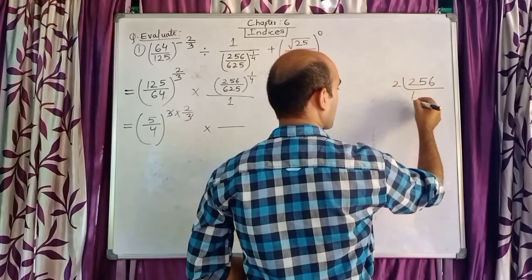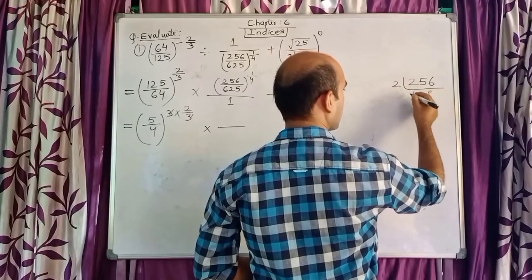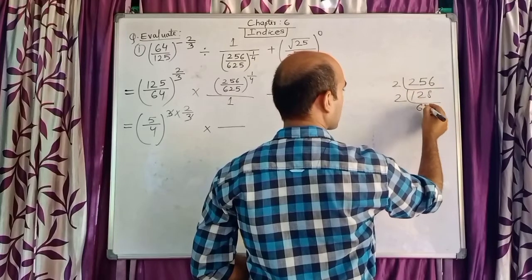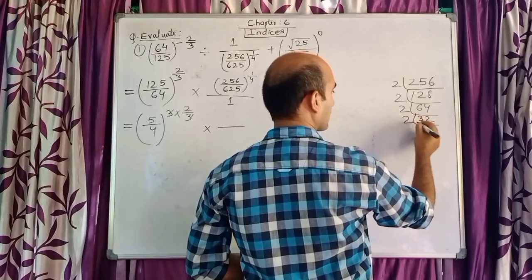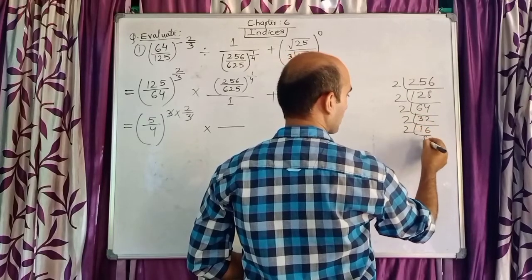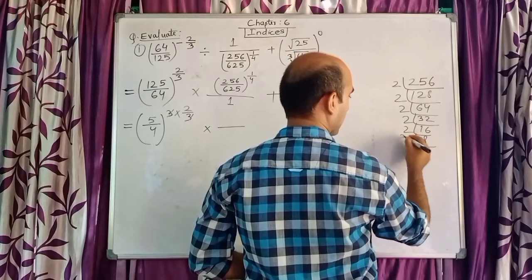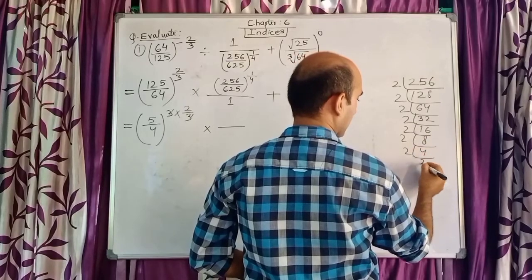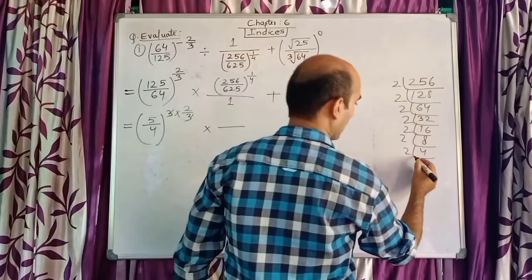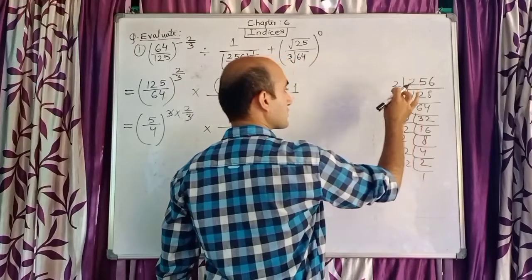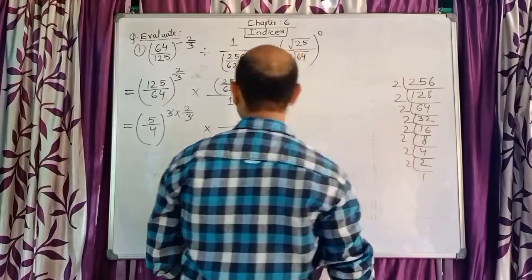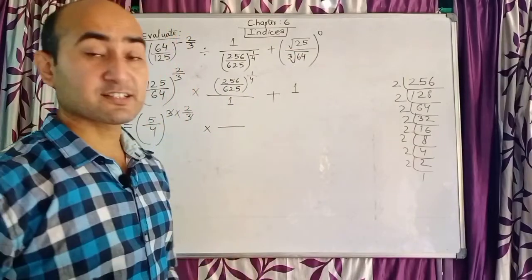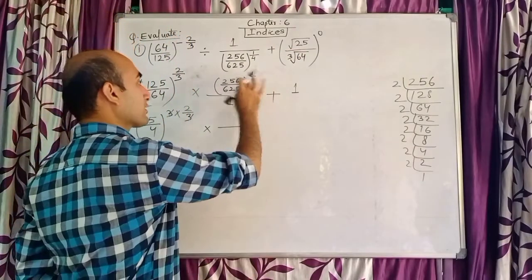So you write 2. 2 1s are 2, 2 2s are 4, 2 8s are 16. Further with 2, 2 6s are 12, 2 4s are 8. Again with 2, 2 3s are 6, 2 2s are 4, 2 again 16. So this is so simple. And now you can see how many 2s we got. We got 1, 2, 3, 4, 5, 6, 7, 8. So we got 8 2s and I need power 4.